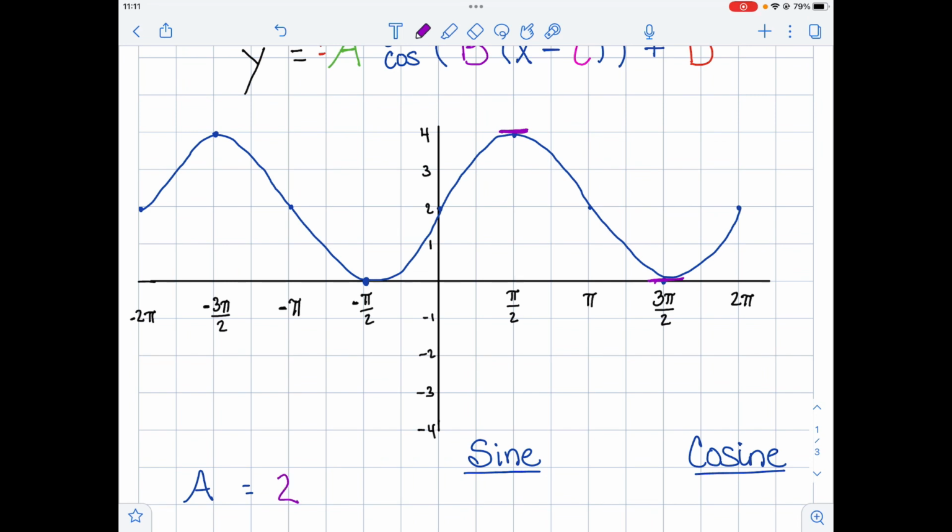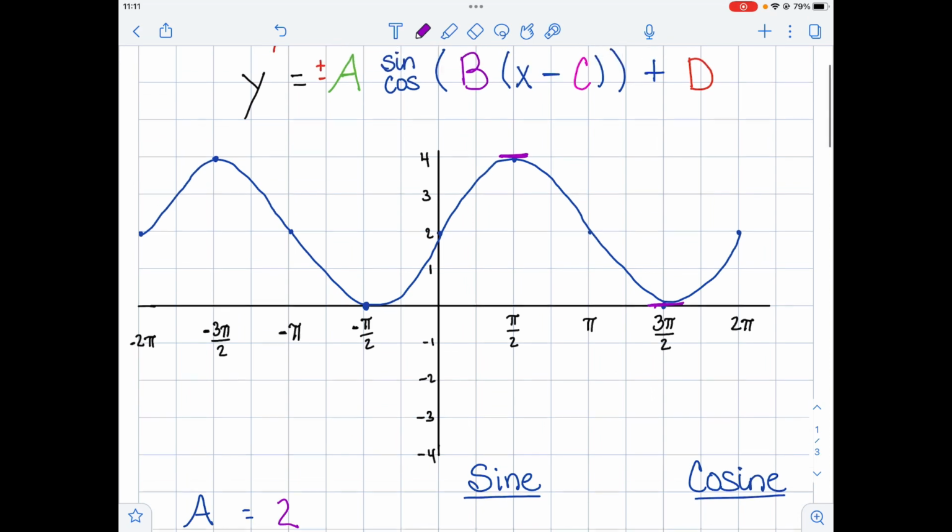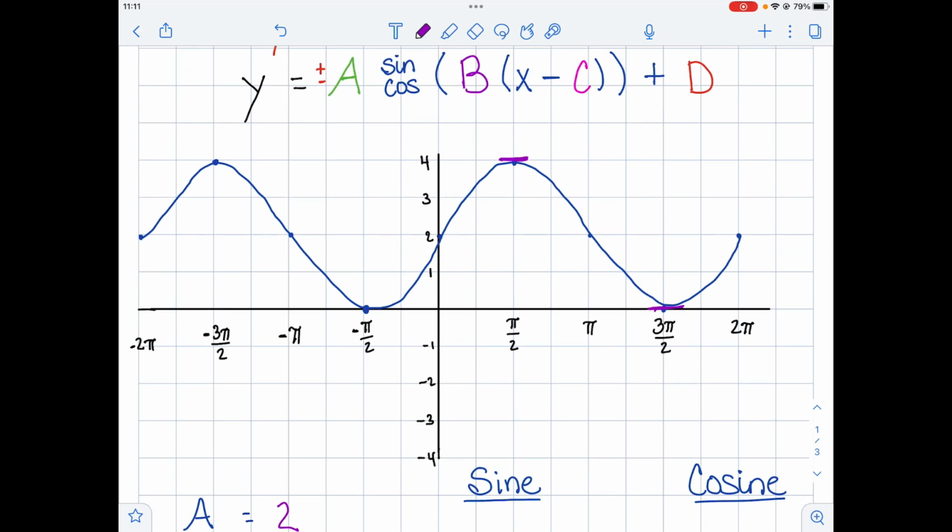And that is always positive. It's an absolute value. The sign of the equation comes into play about the graph, and we'll talk about that in a second. So to find the midline, we go halfway in between that. If we think about amplitude as 2, from the top we can go 2 down, or from the bottom 2 up, and then our midline would be right here.